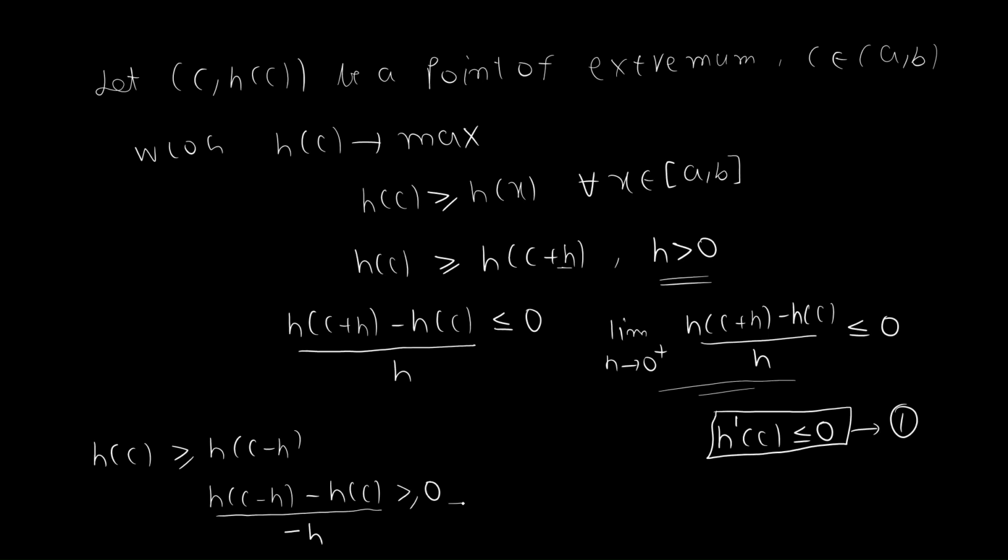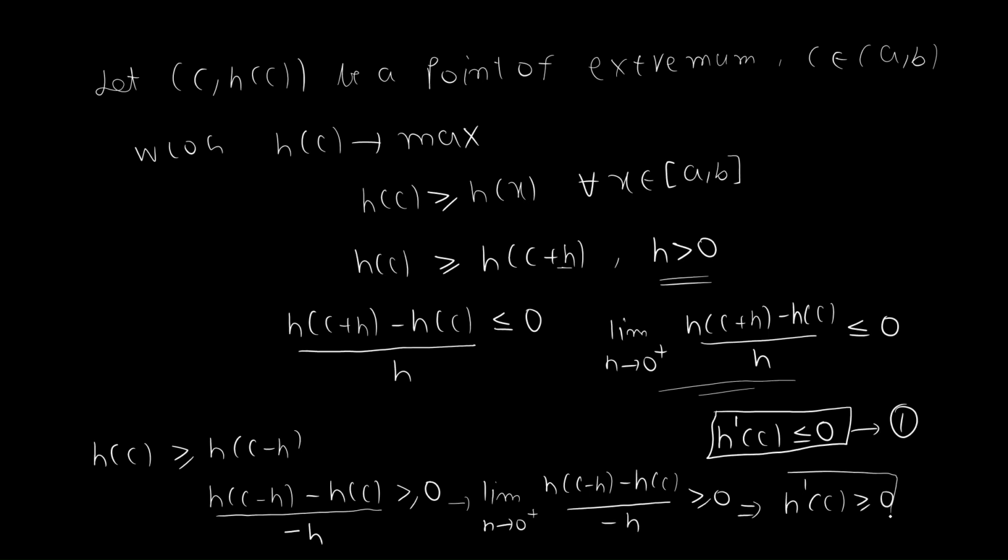Now I'll again take the limit h to 0 plus: (h(c-h) - h(c))/(-h) is greater than or equal to 0. This implies that h dash of c is greater than or equal to 0. This is our inequation 2.